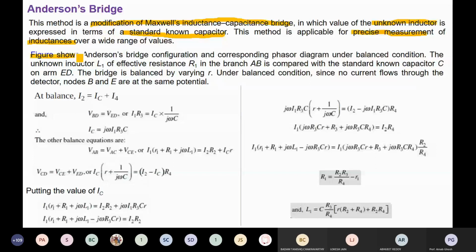You can see the branch AB is compared with the standard known capacitor C on the arm of ED. The known capacitor C, with a standard resistance, balances that V, connected in the ED path. The bridge is balanced by varying the value of R. So the bridge will be balanced only by varying the value of R.